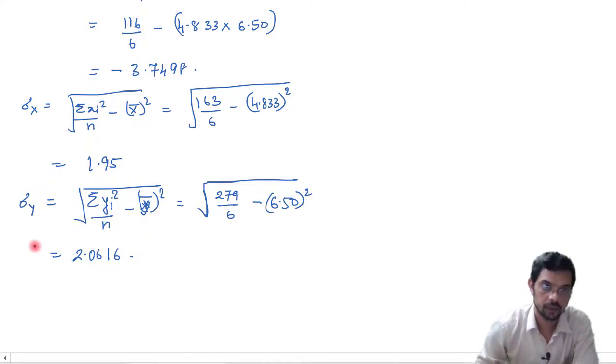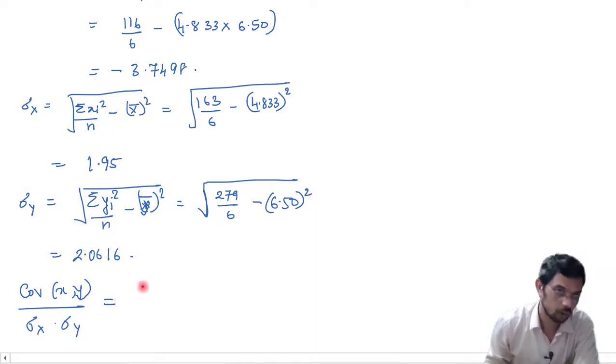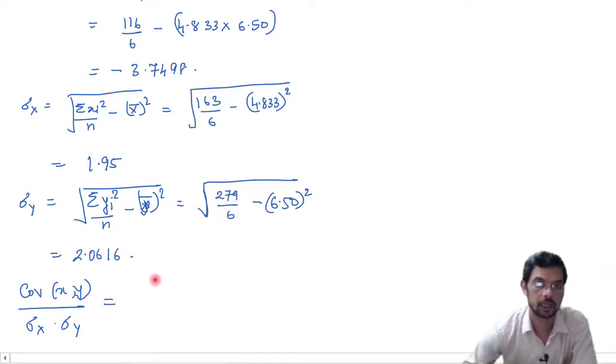Okay, now we will find out the correlation coefficient. So what we have here is covariance of xy divided by sigma x into sigma y, that is equal to the coefficient of correlation. Okay, correlation coefficient of x and y.